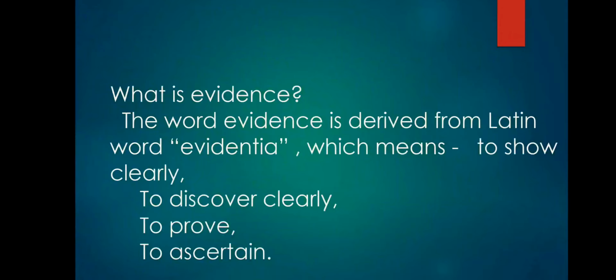In criminal cases, if there's a murder, then how the murder happened, or what things were used to commit the crime, to discover clearly. The third one is to prove, that is, based on this evidence, to prove before the court of law. The next one is to ascertain, that is, to be clear.